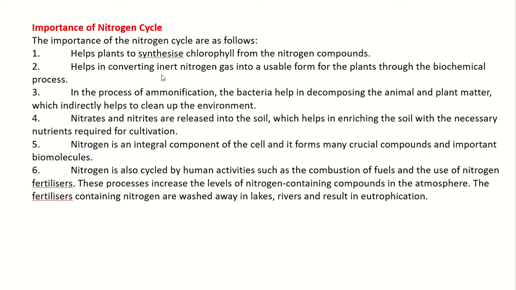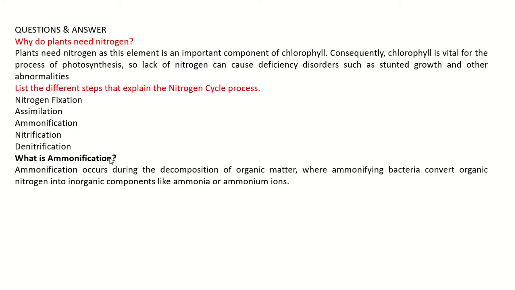We are using it for a longer time in making a crop. This process increases the level of nitrogen-containing compounds in the atmosphere. If you continuously utilize fertilizer, it will cause pollution in rivers and lakes also, and that results in eutrophication.